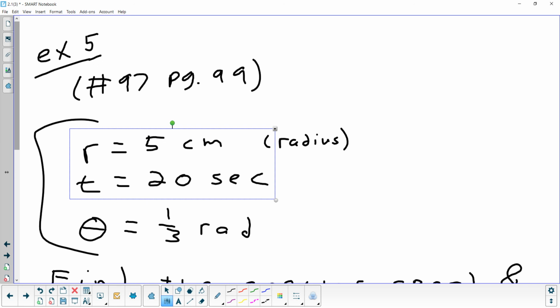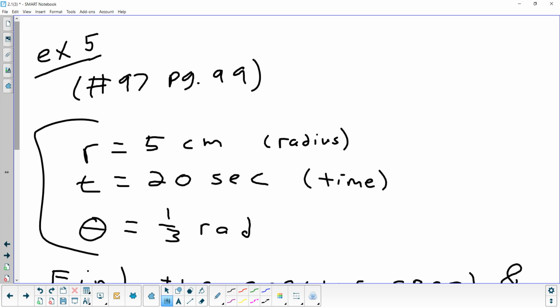Okay, Raymond, what about the T? Well, what does T equal? What does it say? T equals seconds. Seconds is used to measure what kind of thing? Time. All right, so that's time. And theta. What is that Greek letter always used for? That's an angle.